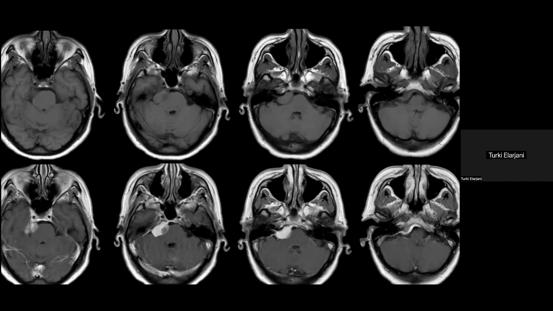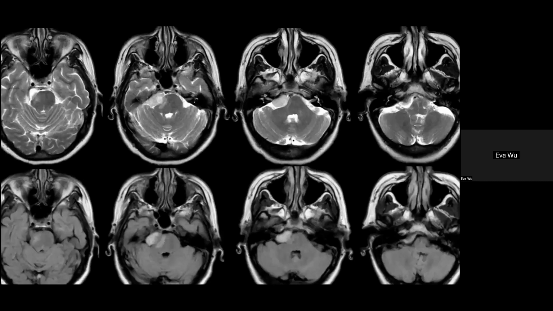It's causing compression of the pons, and also it has a dural tail that extends to the clivus and also to the petrous bone on the right side laterally. Yeah. And then here's just this, which you already said there. Is there anything else that you see here? Just like this edema, right?